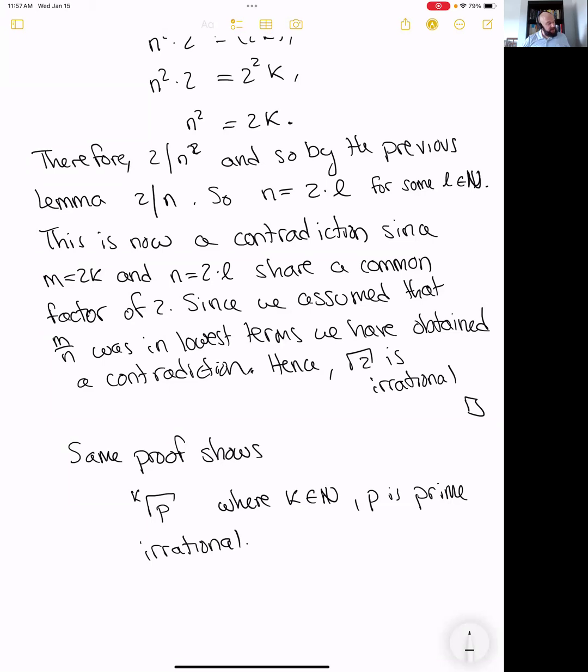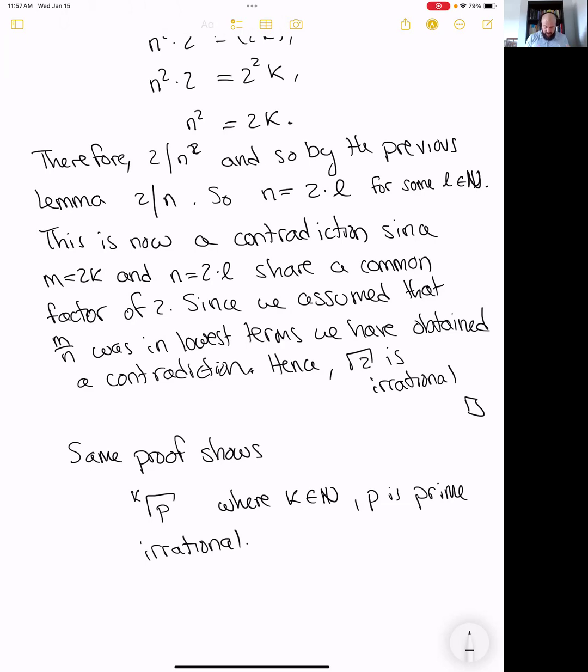I'll have you do that on a worksheet as an exercise. So try to follow the same proof to show that the kth root of any prime is also irrational. So this proof gives us an entire infinite family, the kth root of every prime, of irrational numbers. So that's already a nice large family of irrational numbers.